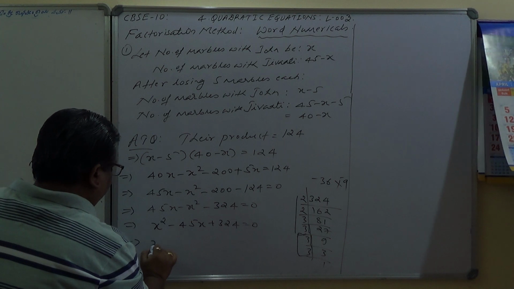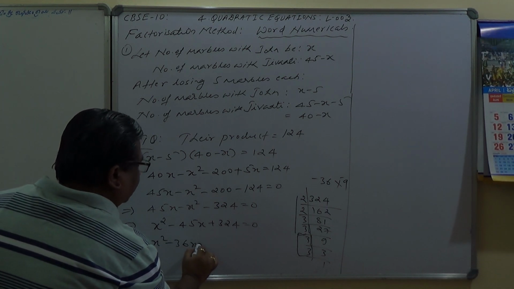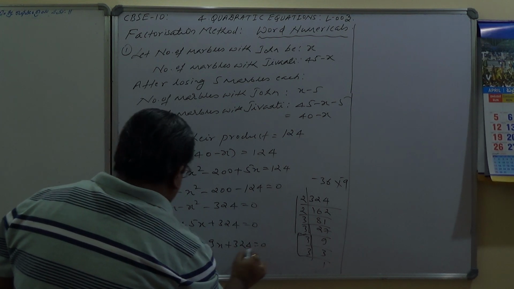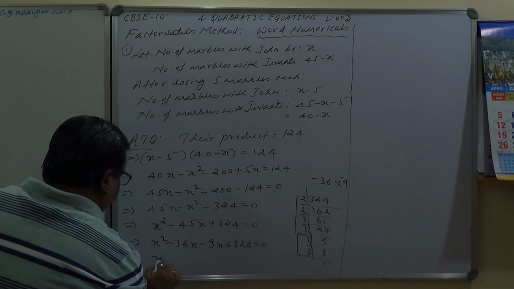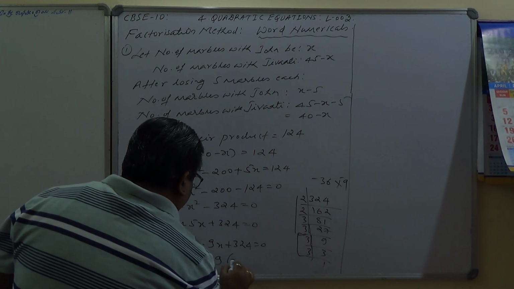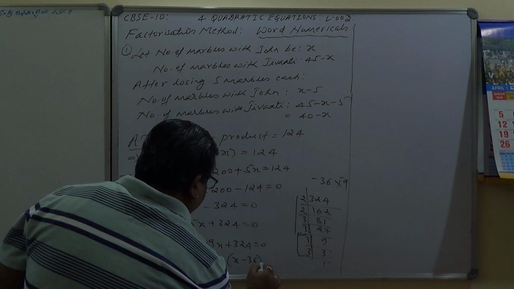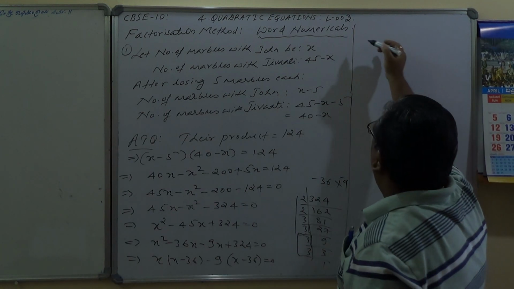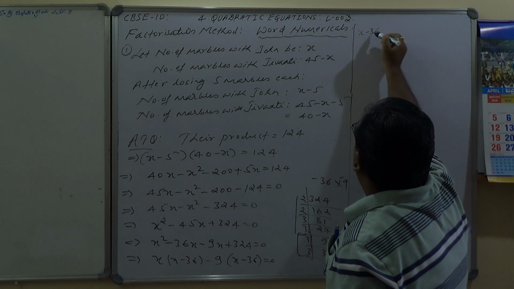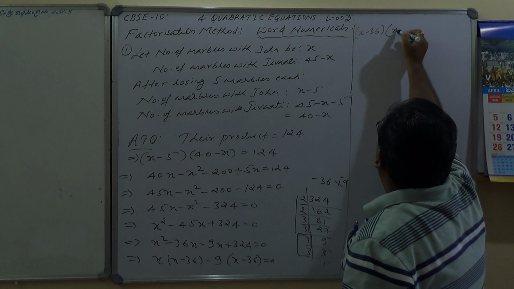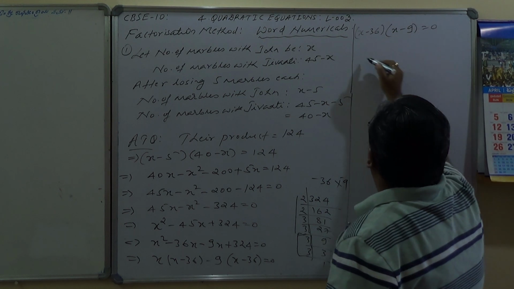So this equals X square minus 36X minus 9X plus 324 equals 0. X common here, X minus 36; minus 9 common here, X minus 36. Therefore (X minus 36) into (X minus 9) equals 0.